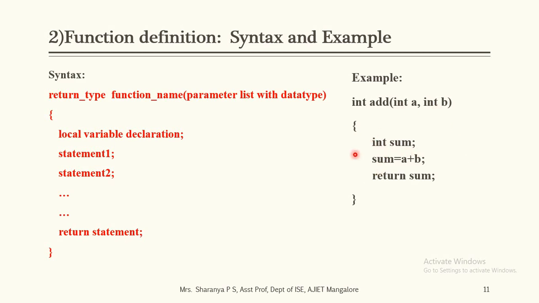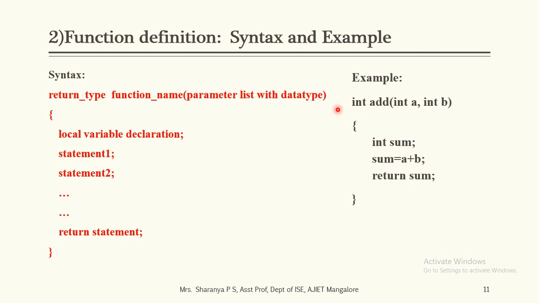Here we have used one local variable called sum with the data type integer, and sum can be used only inside this add function. We compute sum equal to a plus b and return the sum. So what is the data type of this sum? It is integer, and that we have to write as the return type.